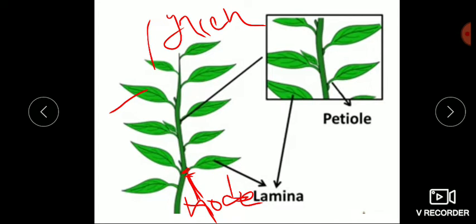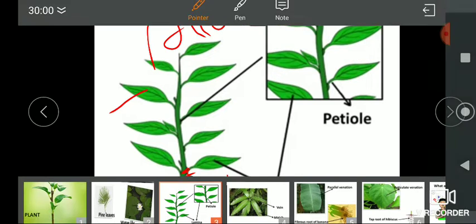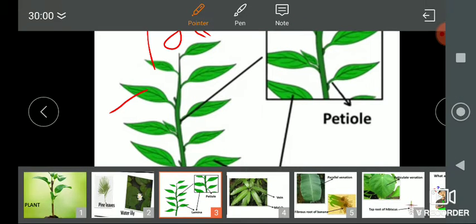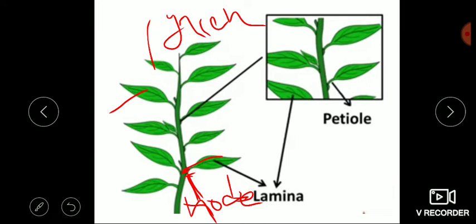It's called leaf. Various parts of a leaf are, first, lamina. Okay, what is lamina? Lamina is the green expanded structure of the leaf.